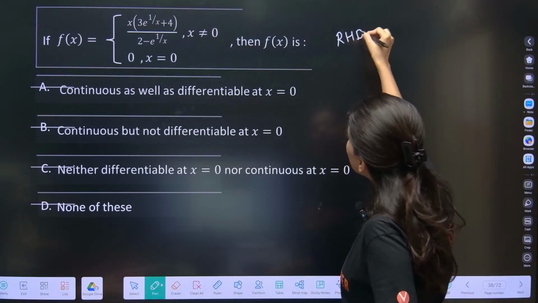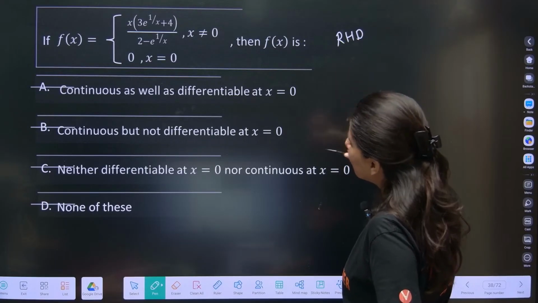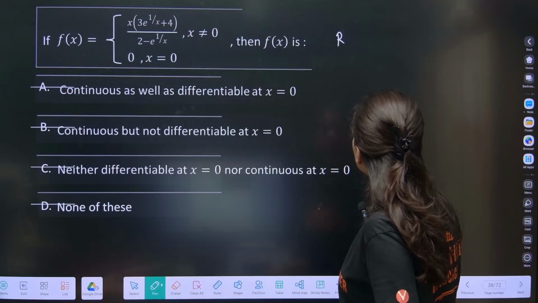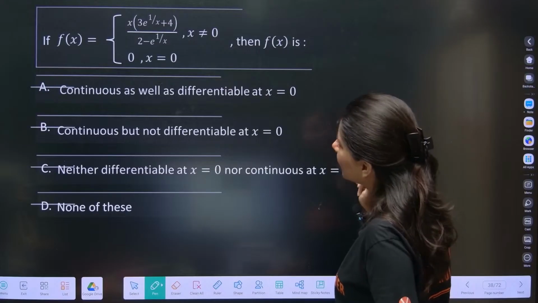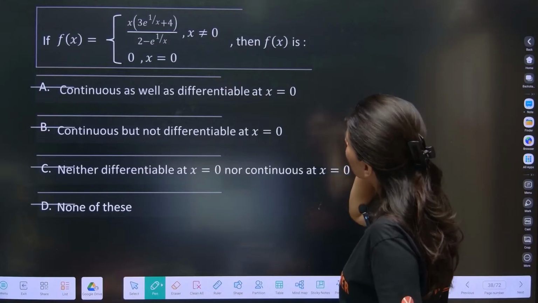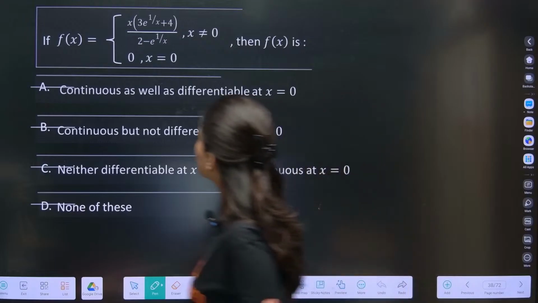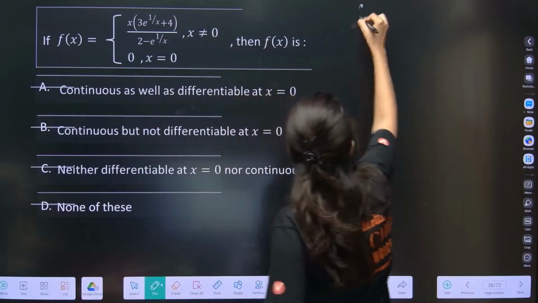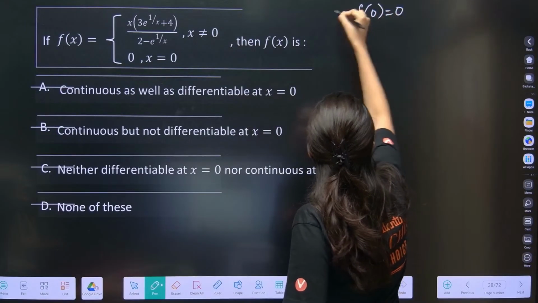Tell me. First of all, continuity they are talking about now. So first of all, I need to talk about continuity in this, right? So if you put 0, what will happen? f of 0 is 0. Okay.